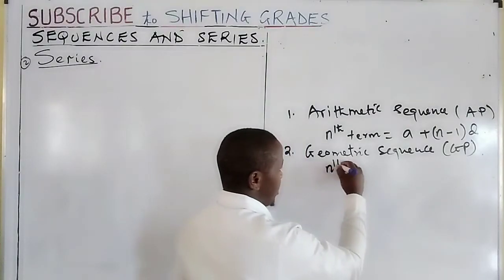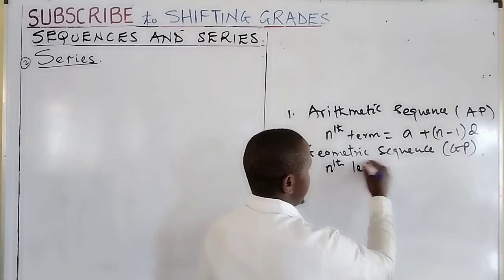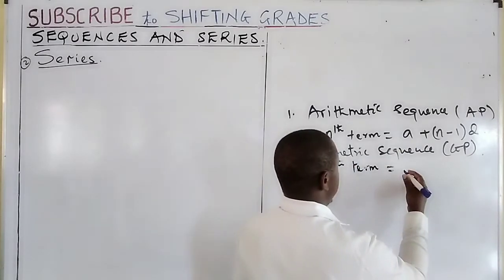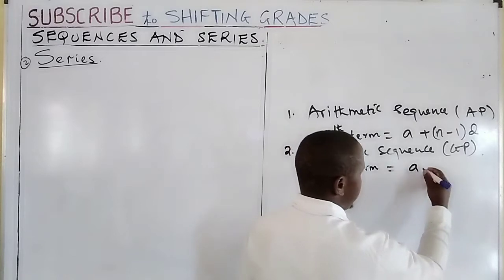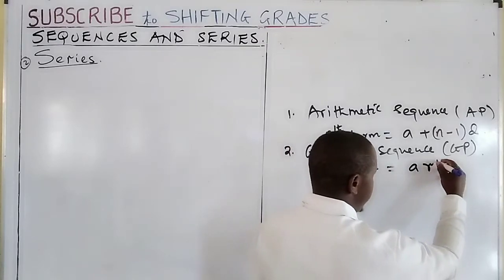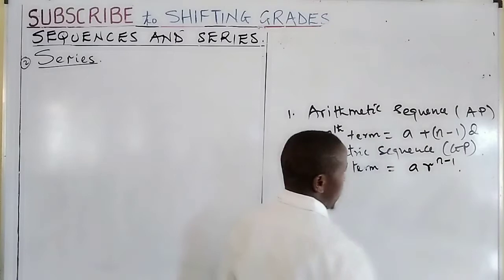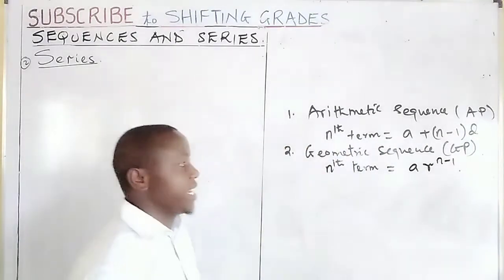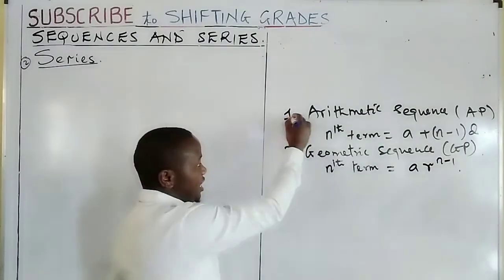To get the nth term in a geometric progression, we take the first term times r raised to n minus 1.